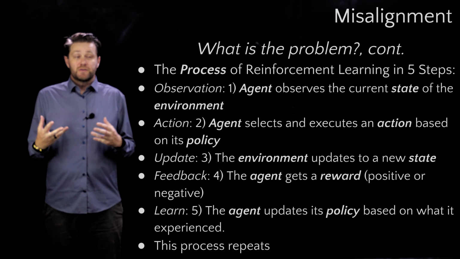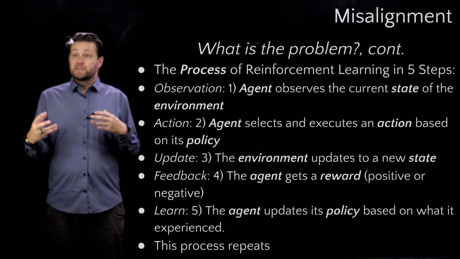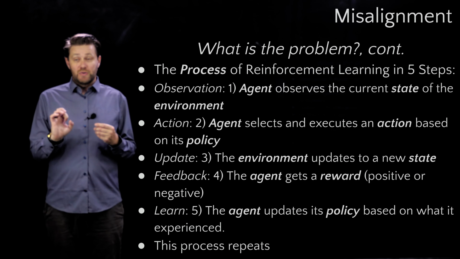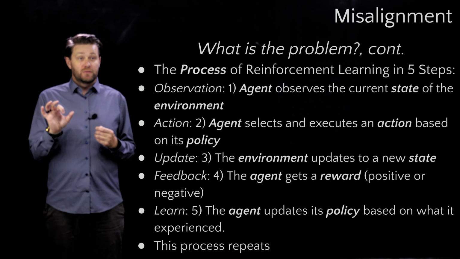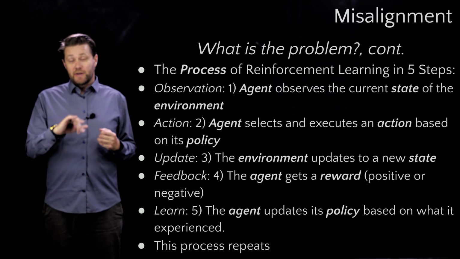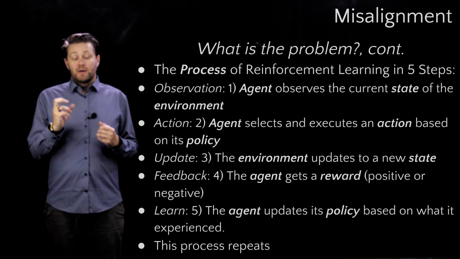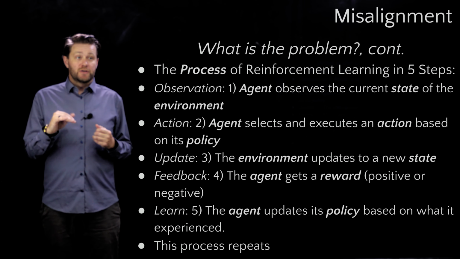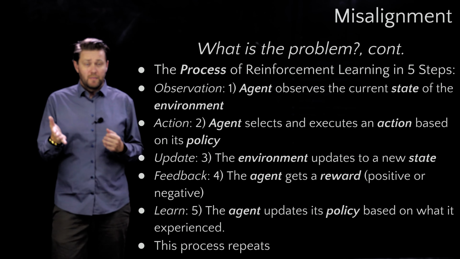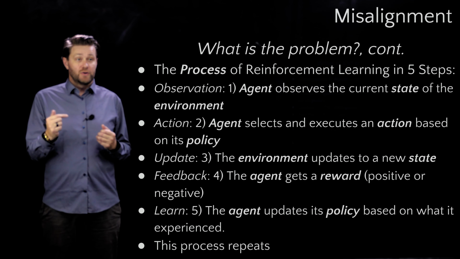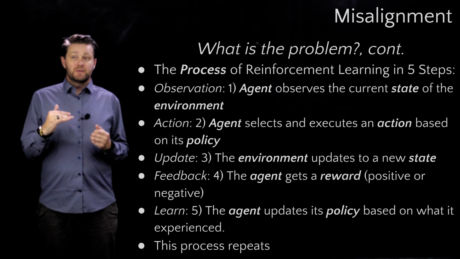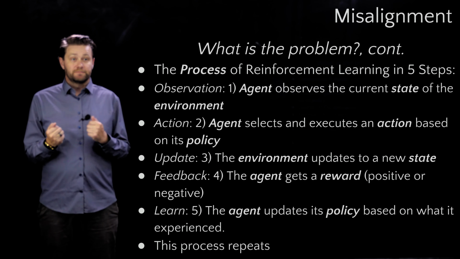Okay, then there is an update to the situation. The environment is now in a new state. And so the agent then gets some kind of reward, positive reward or negative reward, or you can think of this as a reward or punishment for the action that it took. And then the learn phase is the agent updates its policy.